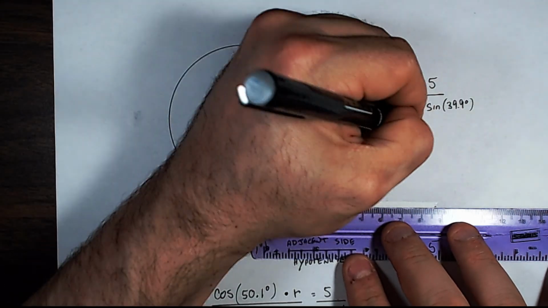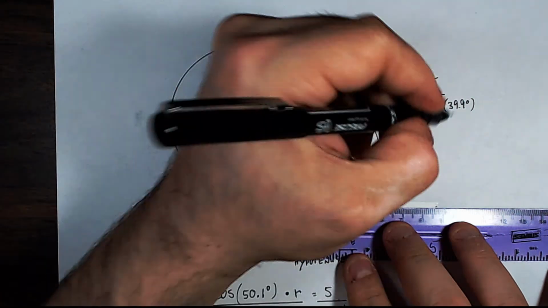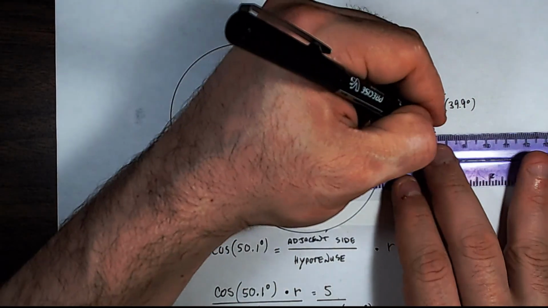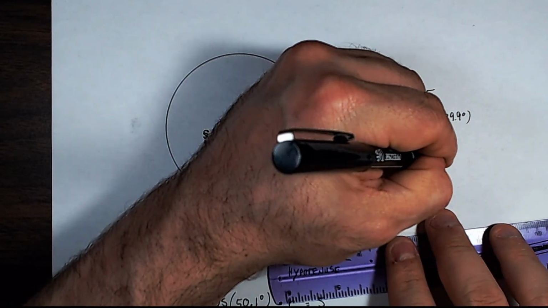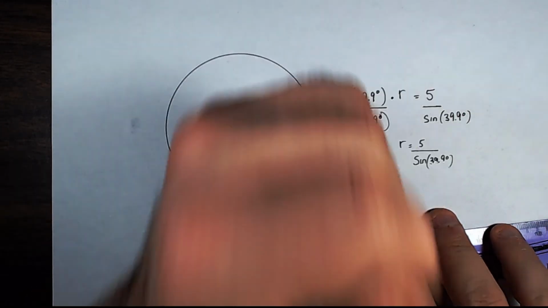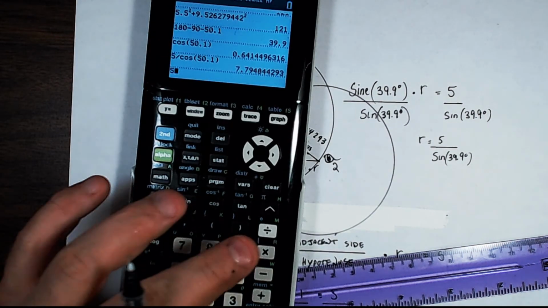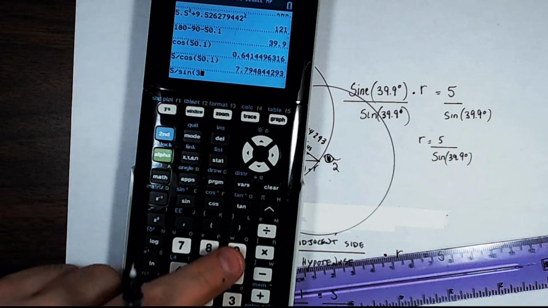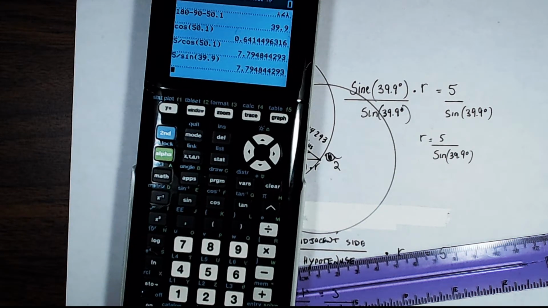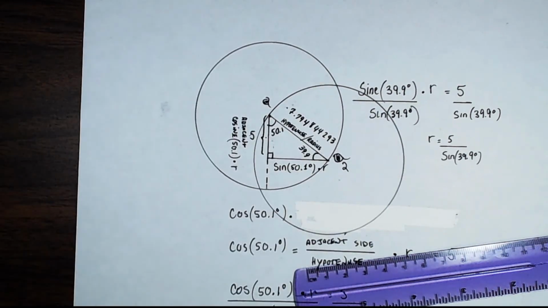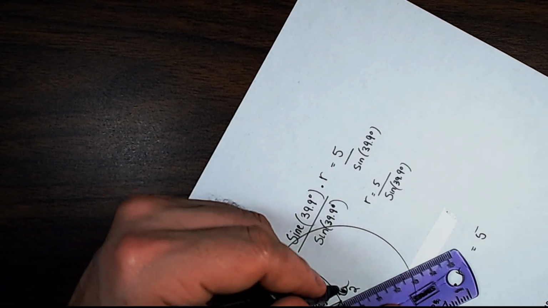So now r, we're going to try to find the same value again to verify it, equals 5 divided by the sine of 39.9 degrees. Let me take 5 divided by sine 39.9, and I get the same value. That kind of proves to me that this is in fact the correct hypotenuse. We've verified this.